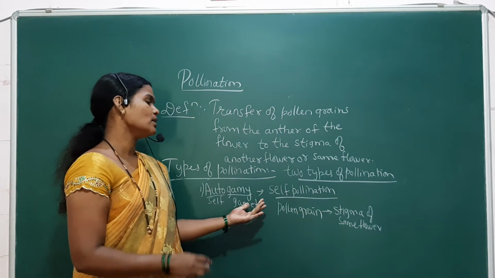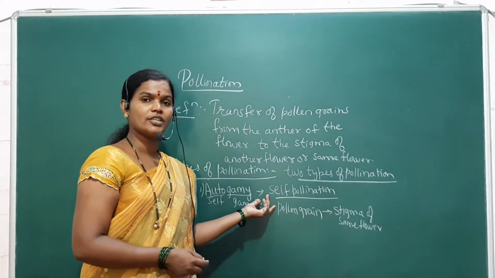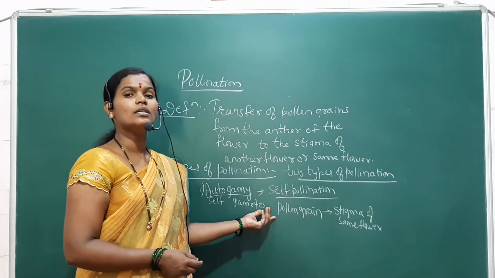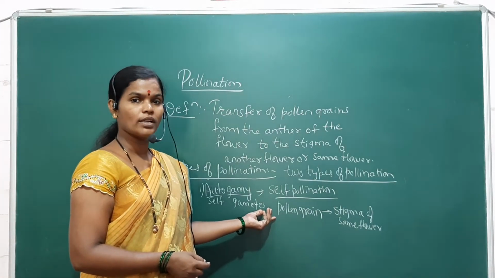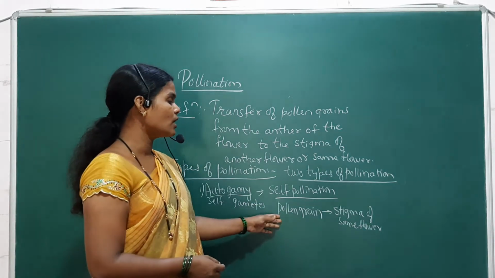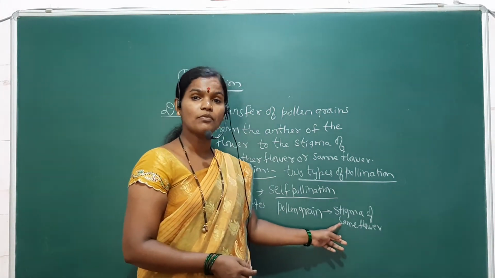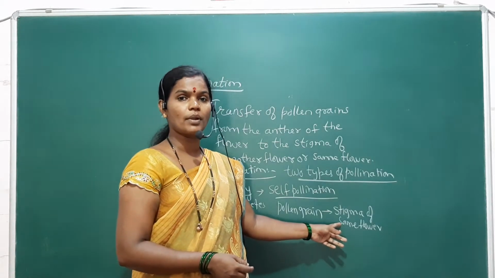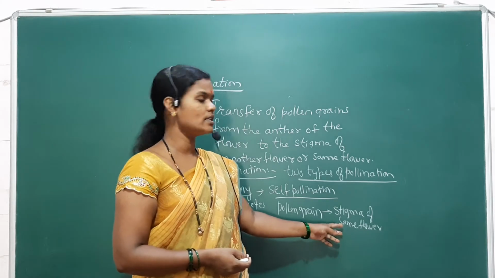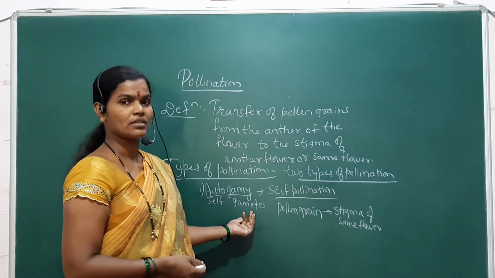So autogamy is also called self-pollination. It is the transfer of the pollen grain from the anther of the flower to the stigma of the same flower, of the same plant body, or we can say within a single flower. That is self-pollination.